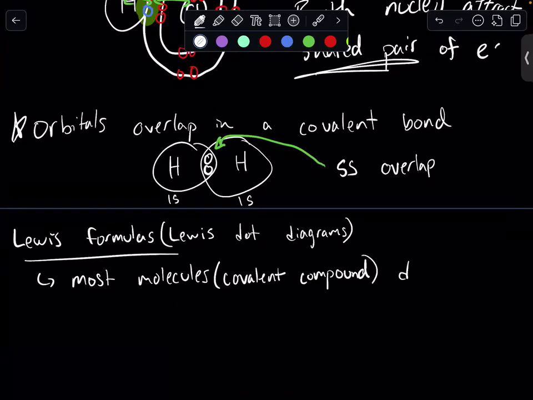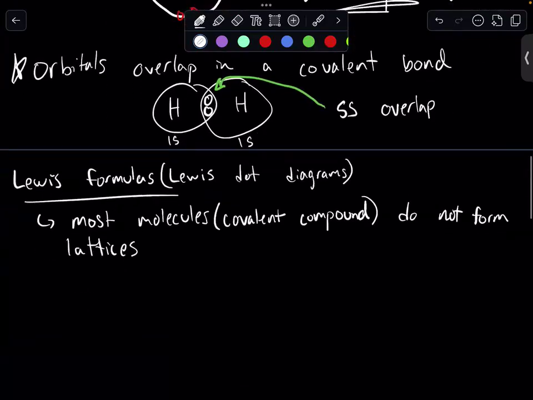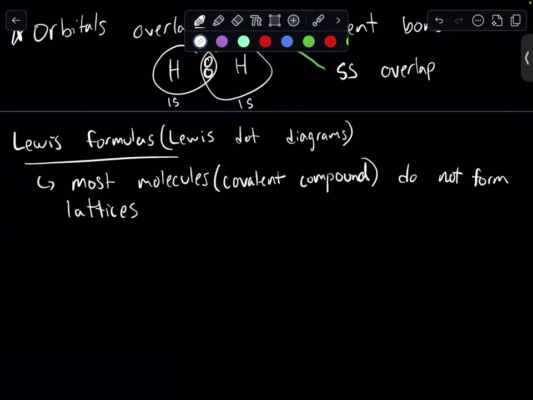So we can't just represent them as two things bonded together, because in an ionic bond that represents everything, but in a covalent bond, they create our molecules. So when we want to show what they look like, we actually use Lewis formulas to draw or model molecules.